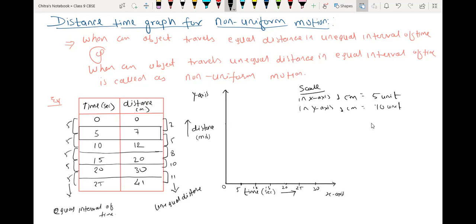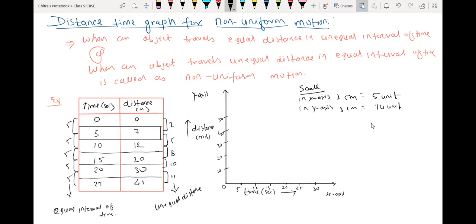So here we have 10, here 20, here 30, here 40, here 50, like this.